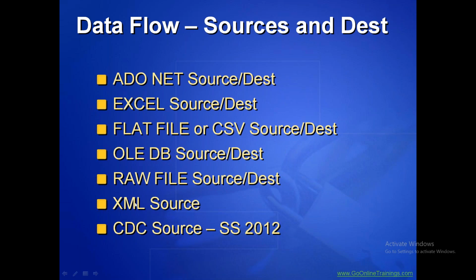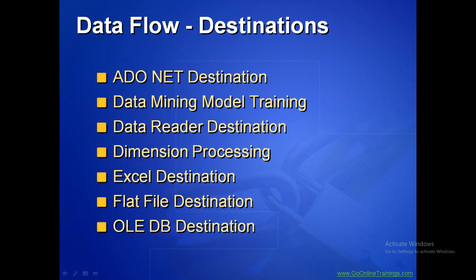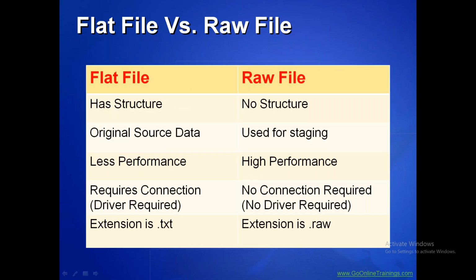We have XML source, but you cannot store into an XML destination. That is not there. Then we have a CDC source, change data capture source, and we have ADO.NET destination. These are the only destinations. We don't have the sources here. Data mining model, data reader, dimension processing, Excel destination, flat file destination, and so on, something like this.